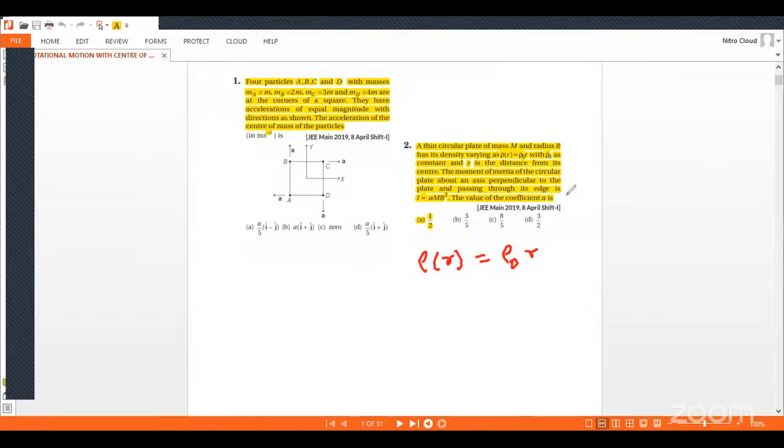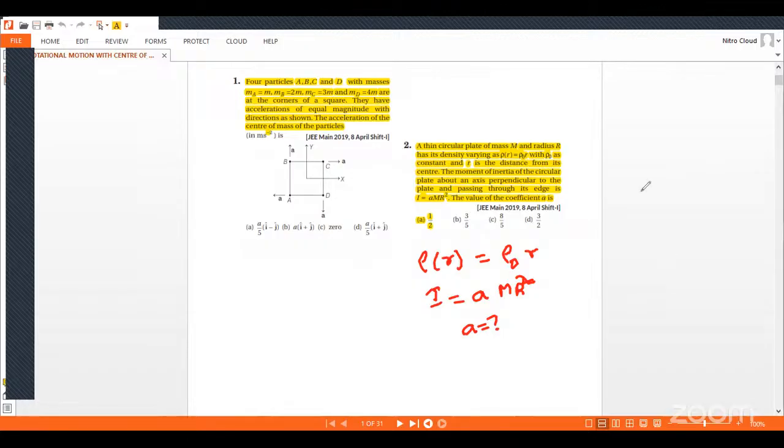Moment of inertia of circular plate about an axis perpendicular to plate and passing through edge is a times MR square. We need to find the value of a.